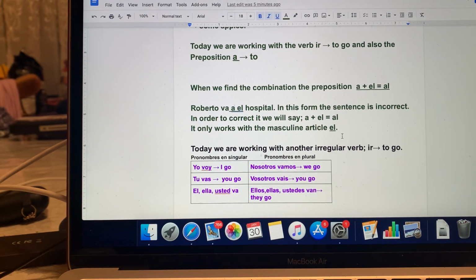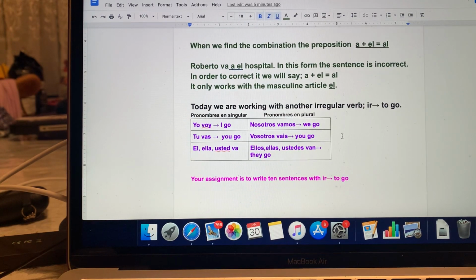Okay, so now today we're going to work with another irregular verb, and this verb is to go. En español es ir. And you students are really good at setting up how to conjugate a verb. You know that on the left side you will have your singular pronouns, and on the right side you will have the plural pronouns. Once you have that, then we're going to start conjugating.